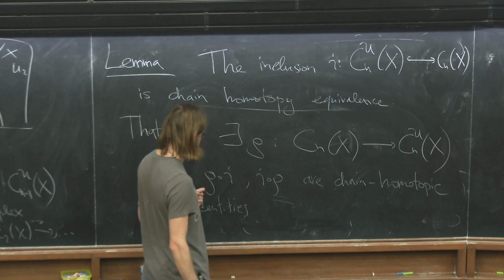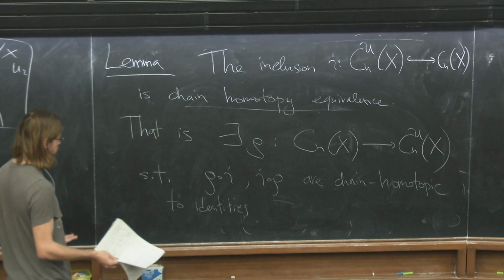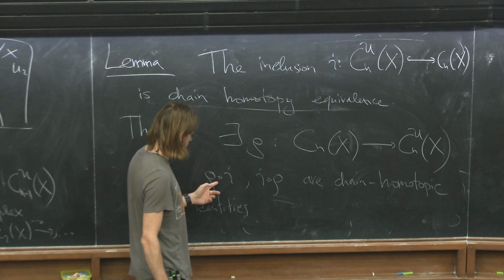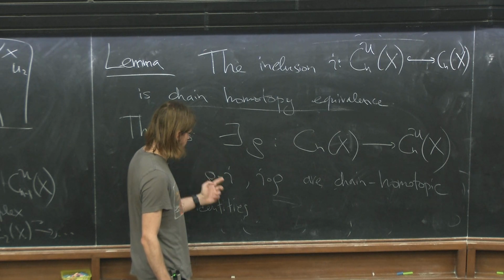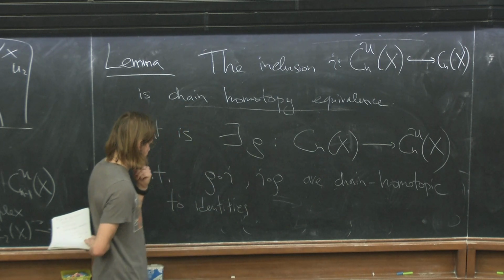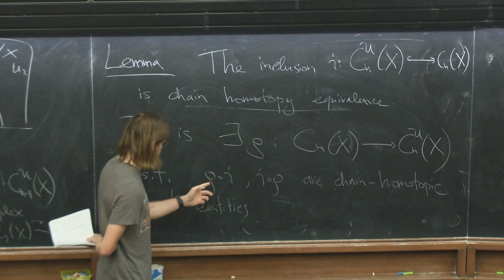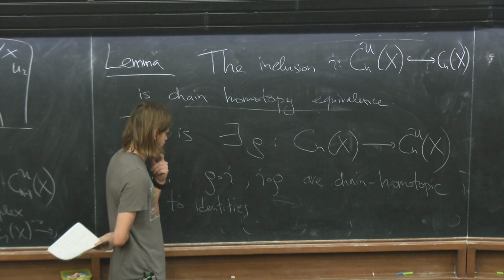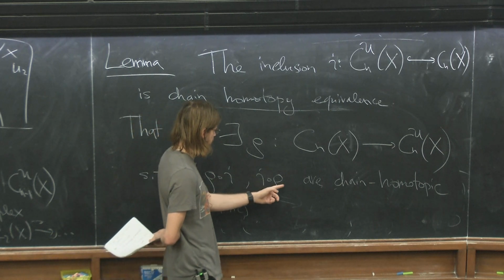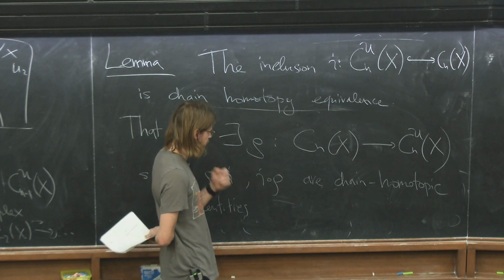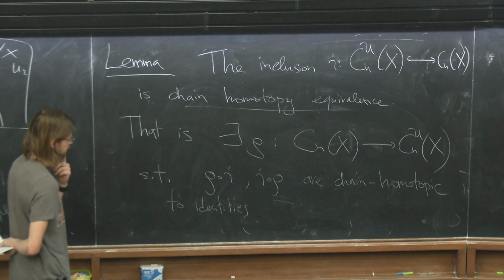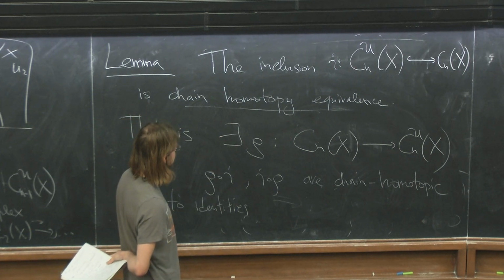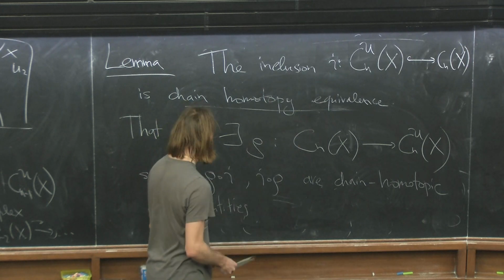If they are chain homotopic to identities, we already know that the induced push forwards on the corresponding homology groups will be just the same as the identities. So in particular, this implies that rho star composed with I star is identity, and the other way around, I star composed with rho star is equal to identity. This implies that rho star is a left and right inverse to I star.